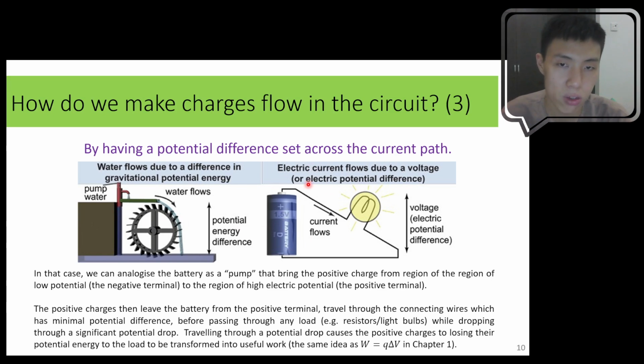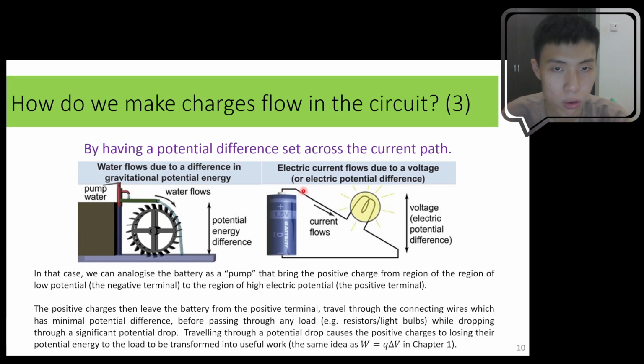Same idea carries to the electric circuit. You have a battery over here which serves to pump charges from a low potential region to a high potential region. So when the charges go from the negative terminal to the positive terminal inside the battery, the charges will possess a great amount of electric potential energy.